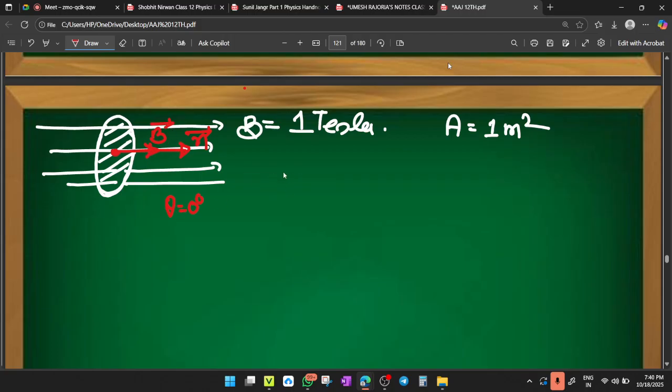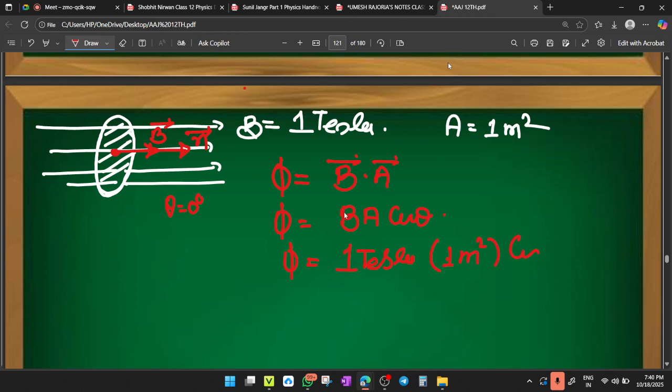So take the amount of flux. Phi equals the formula B dot A, so phi equals B A cos theta. Put the values. Phi equals B, which is 1 Tesla, A which is 1 meter square, and cos of how much?